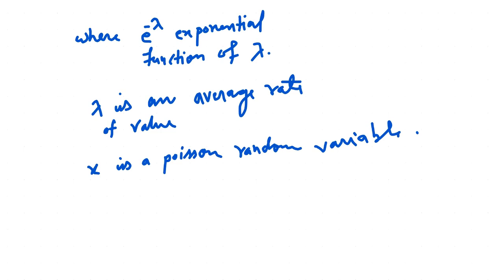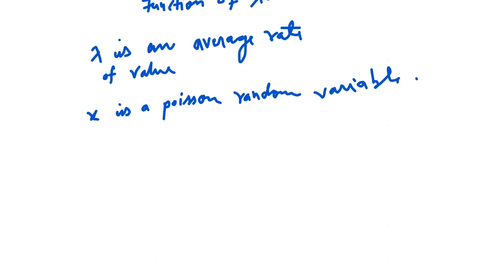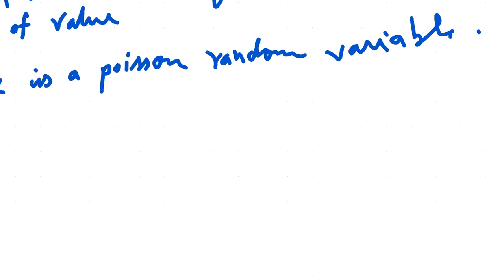See, I've sent you the question. Let us do it now. So, in this question, they have given us the condition: P(x is equal to 1) is equal to 0.2 times P(x is equal to 2). So, let us do this question.